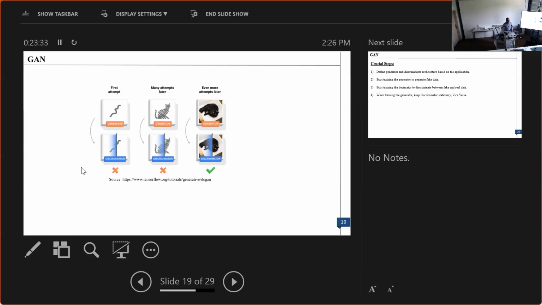The discriminator can distinguish the fake images. But after several epochs, the generator should be able to generate a fake cat that looks like a very real image. At that time, the discriminator can say this image is 50% fake or 50% real. At that time, we can stop the training because the discriminator cannot distinguish whether it is fake or real.